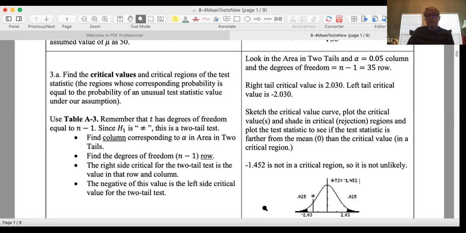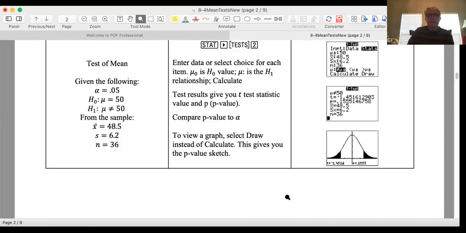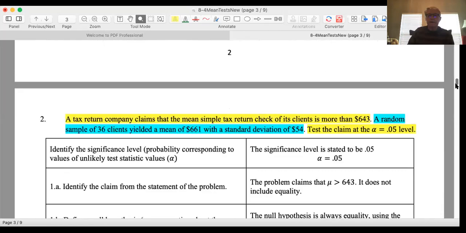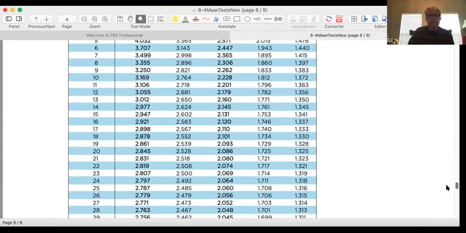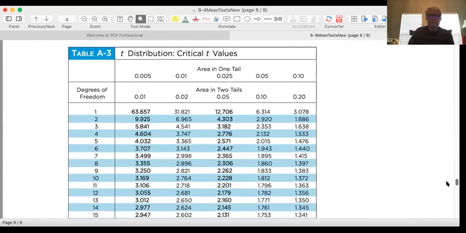So let's go to the table, which I have put down here. Just kind of attached it to this document so I didn't have to flip back and forth, although I'm still flipping back and forth. We see in this table A3, across the top two rows. One says area in 1 tail and some numbers. The other says area in 2 tails and some numbers.